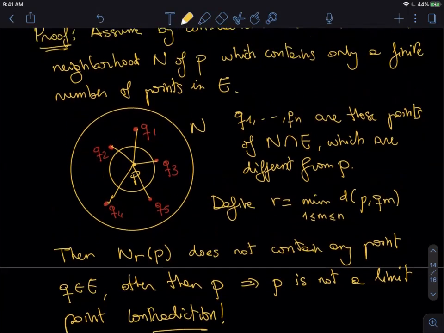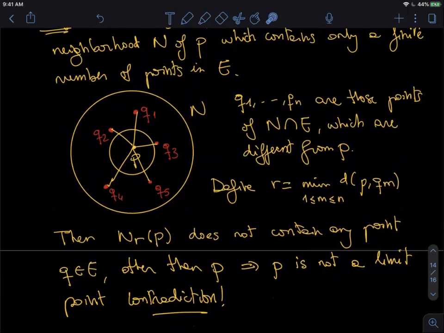Here there is a subtlety that someone could argue. Say, wait a minute, can this minimum be 0? But if it's a minimum of a finite number of quantities, that cannot be 0, because we are choosing among a finite number of choices.